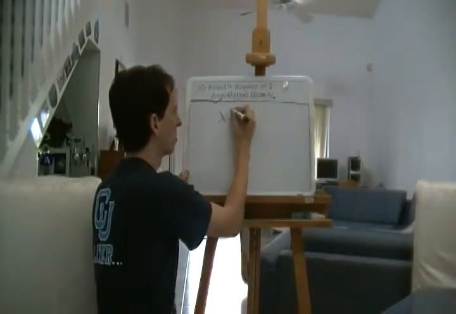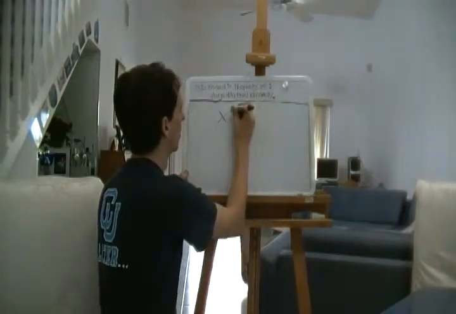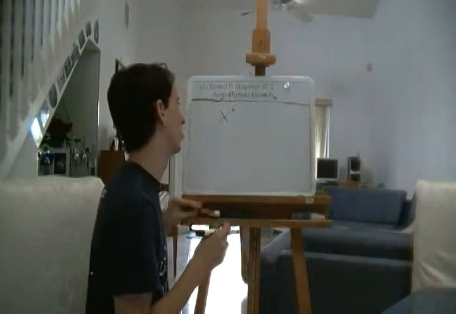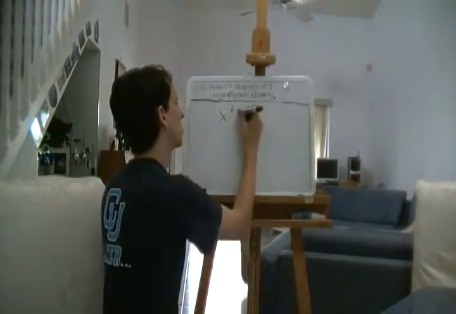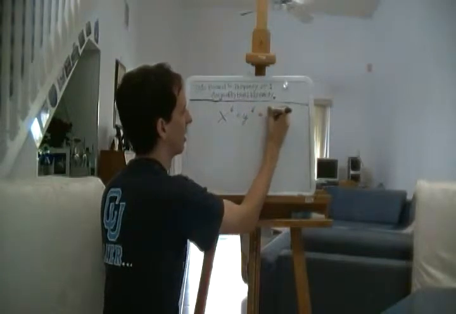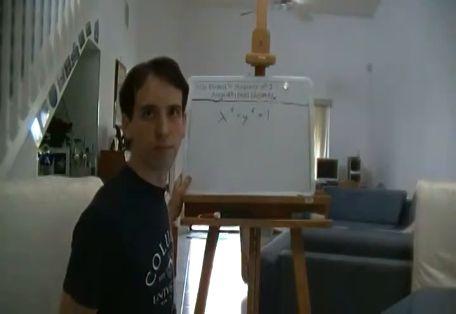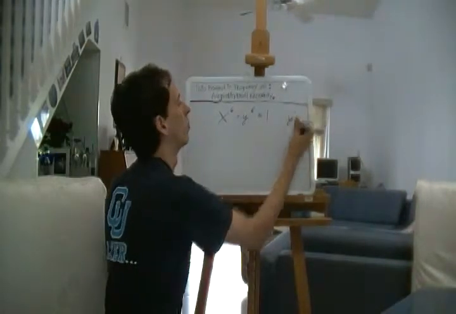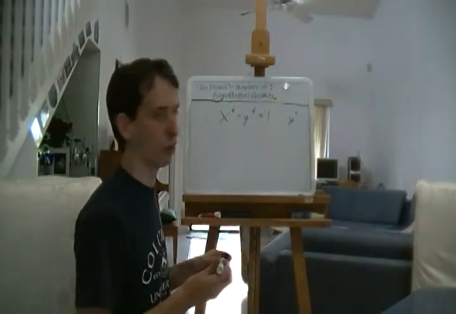I gave you x to the 6th. I think I may need to pull out the emergency red, but I'm trying not to do so. x to the 6th plus y to the 6th equals 1. And I asked you to find y double prime. I'm going to have to switch over to red.